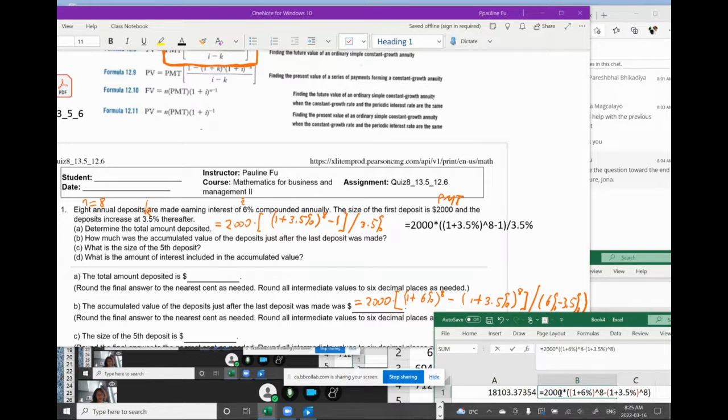Let me see, do I need another bracket? No. Okay, and then divided by bracket 6% minus 3.5%, closing bracket.